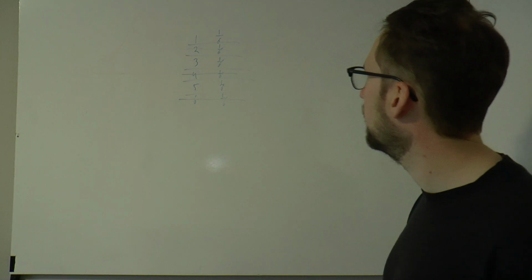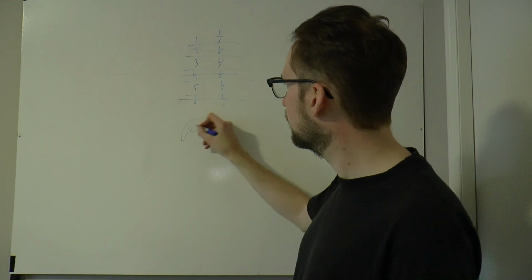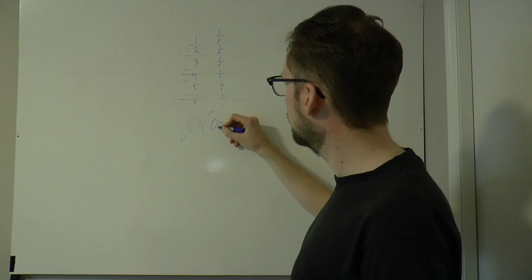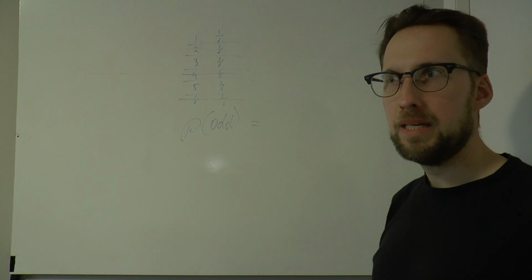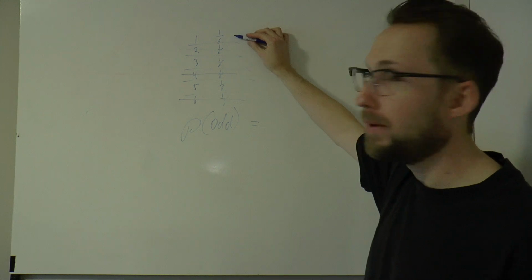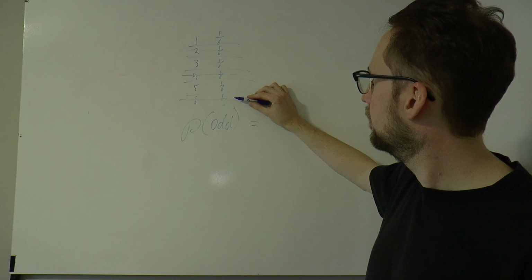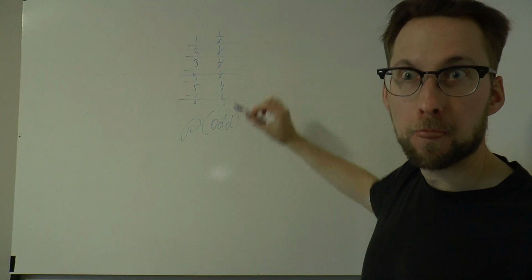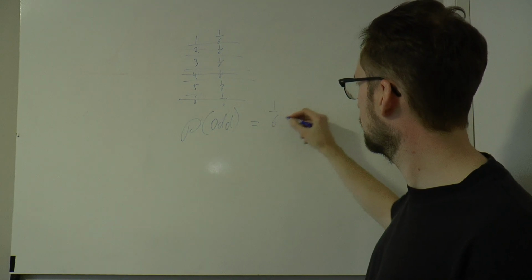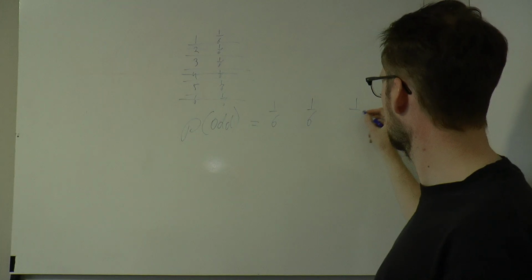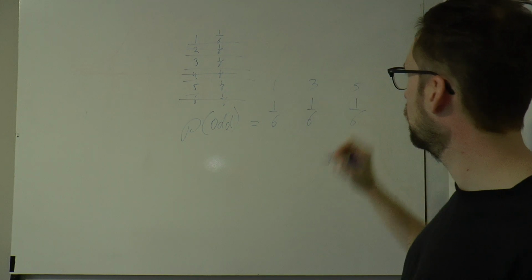6 sides. Okay. Well, what am I doing? Probability of odd. That means that I roll 1 or 3 or 5.